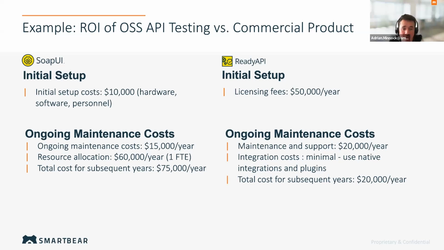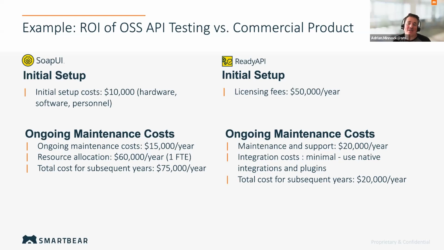From this example here, with regards to maintenance and resource allocation, you might be talking in around 75,000 per year. And compare that to commercial tooling, where if we have a look here, it's 50,000 per year. Now, just to let you know, that's not the cost of a ReadyAPI license.